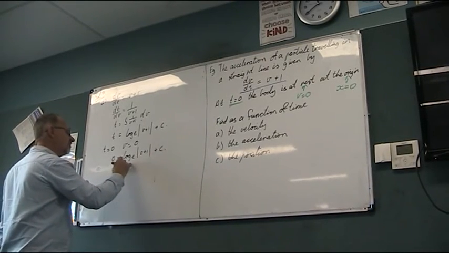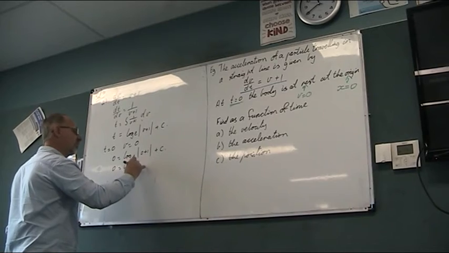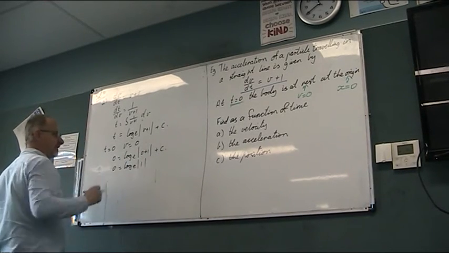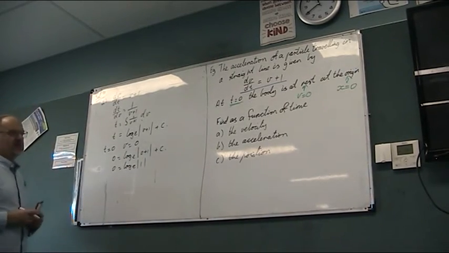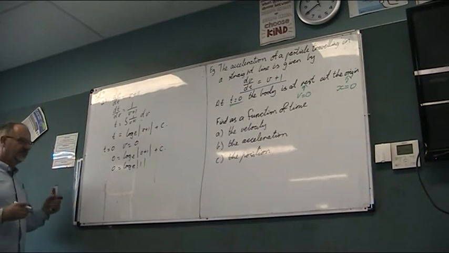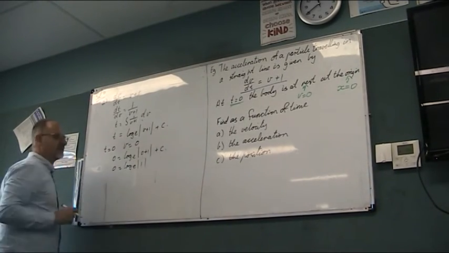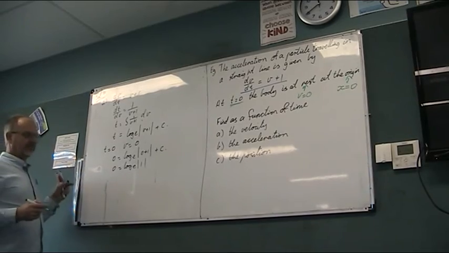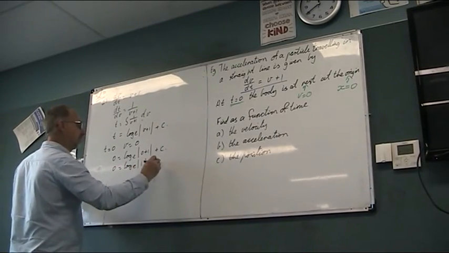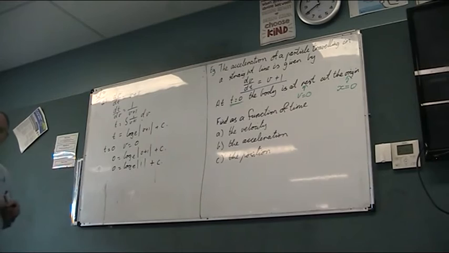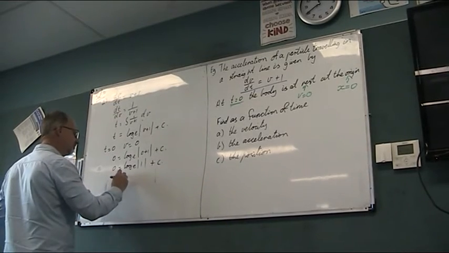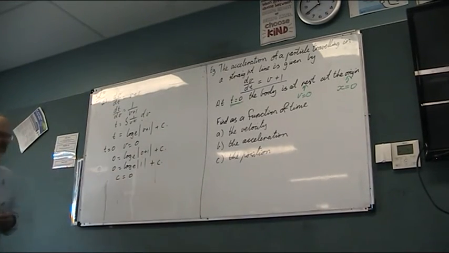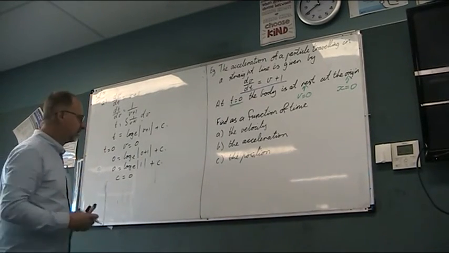So 0 equals log to the base e of 1. Actually don't need those magnitude signs, but anyway, it doesn't matter. So the constant would be 0, because log to the base e of 1, or log to the base anything of 1, is 0.